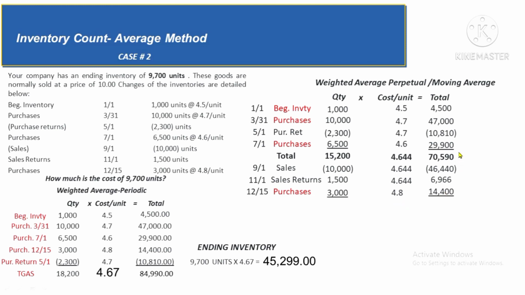So get the total of 70,590 minus 46,440 plus 6,966 plus 14,400, and you are going to get 45,516 under the moving average. So that's the cost of the 9,700 units.